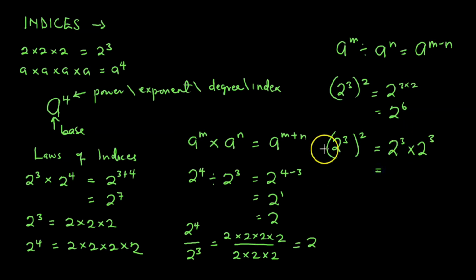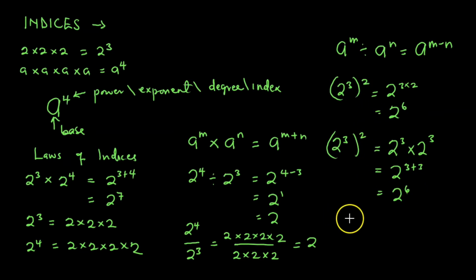And therefore, we can go back to our first law, whereby we state that when you have the multiplication of 2 functions which have the same base, you can actually add the power. So having the base as 2, we can have it as 2 to the power 3 plus 3. And that still gives us an answer of 2 to the power 6. So far, that is the third law.